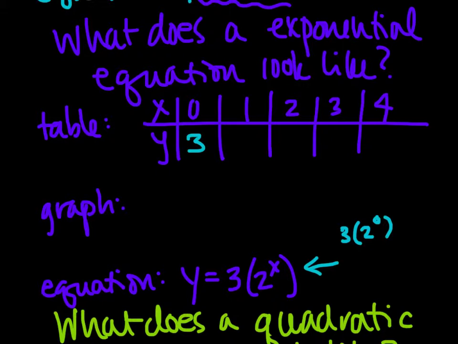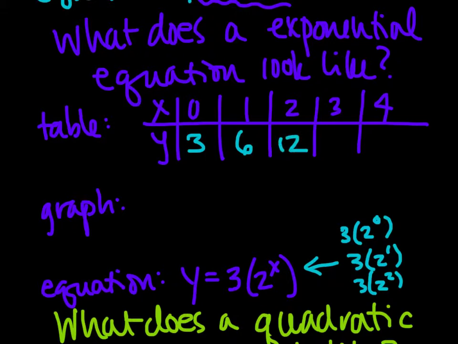So we have the same y-intercept as the linear equation. If we had 3 times 2 to the first power, 2 to the first power is 2. 2 times 3 equals 6. So we're already slightly different in our equation. 3 times 2 to the second power, 2 to the second power is 4, times 3 equals 12.